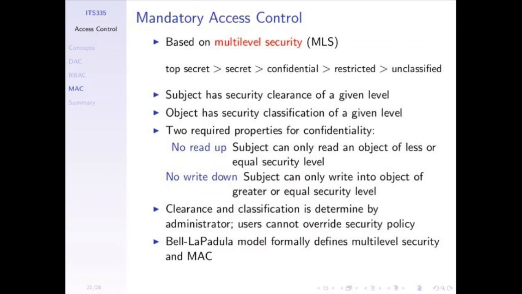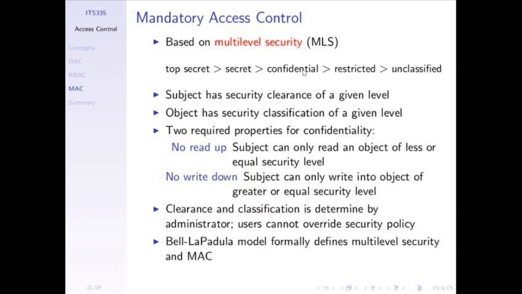The third is mandatory access control. In mandatory access control, there is multi-level security. Mandatory access control is basically used in military or secret services, where there are two rules: no read up or no read down.